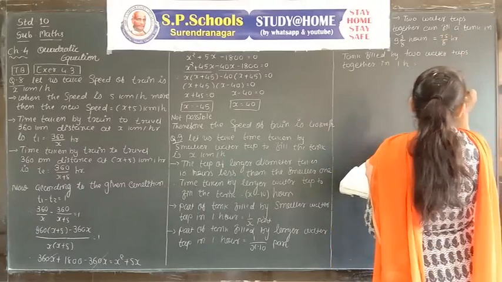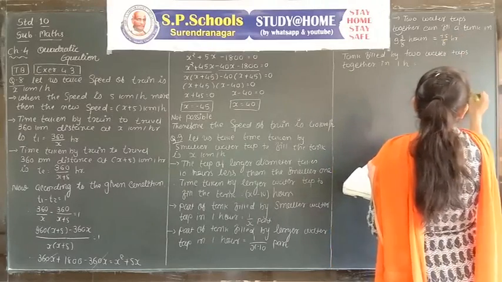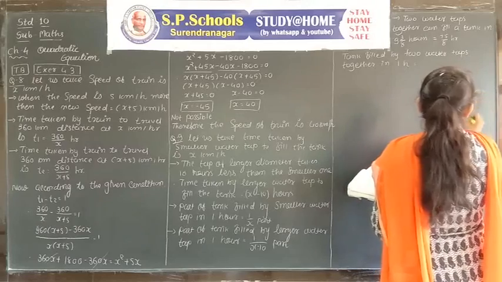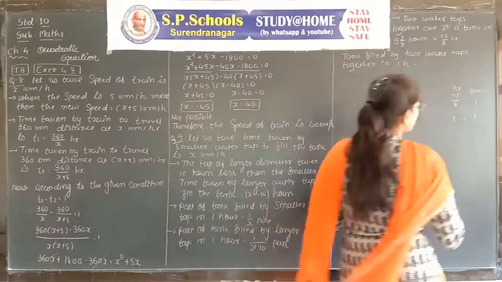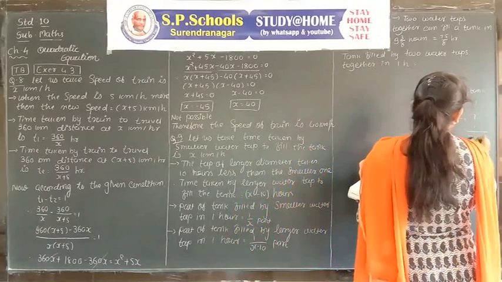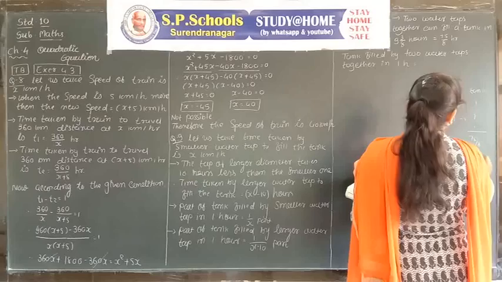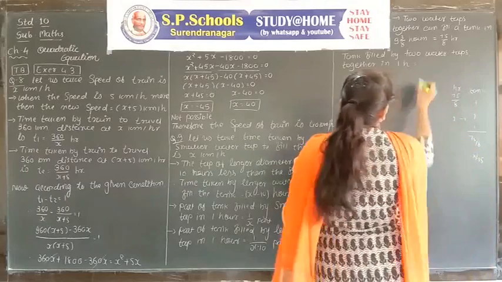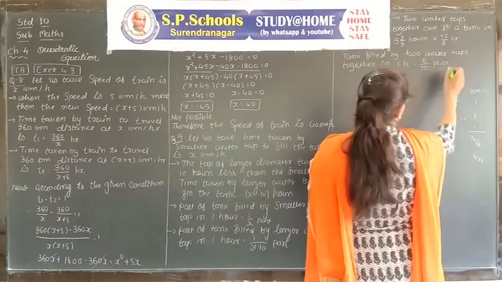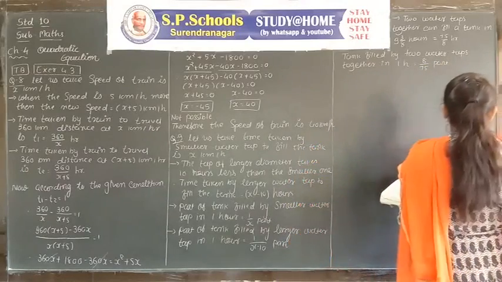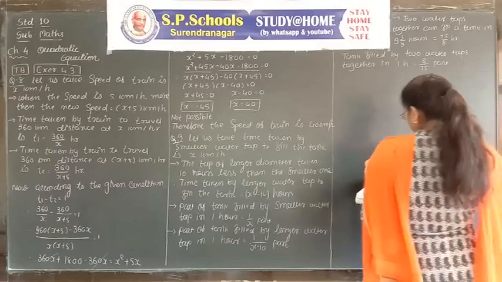If time is 75/8, then the tank will be filled completely, but in 1 hour it is a question mark. 1 upon 75/8 and we get 8/75. 8/75 part of the tank is filled by both water taps together in 1 hour.